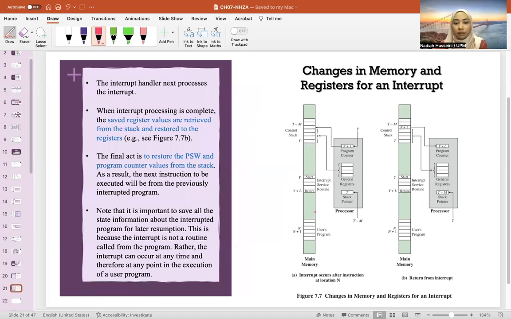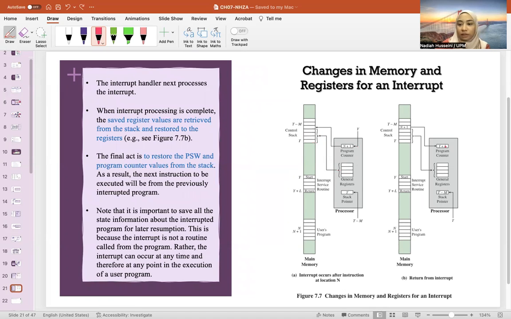The next topic is returning from the interrupt. What happens after we have processed the interrupt? The interrupt handler processes the interrupt. When the interrupt processing is complete, the saved register values are retrieved from the stack. Basically, you are taking them back and putting them into the general registers.